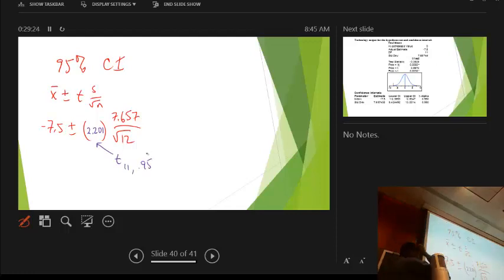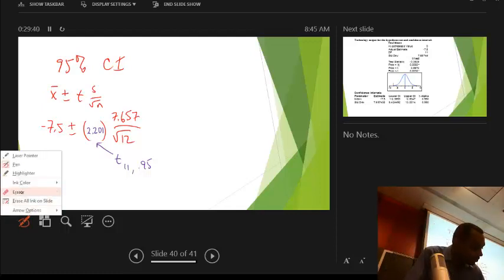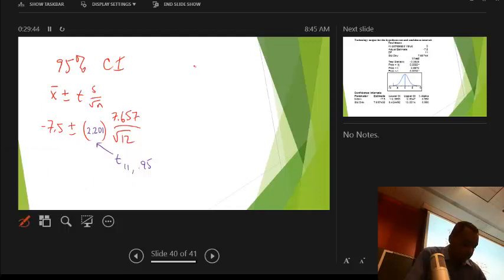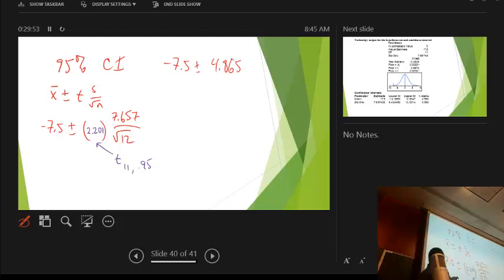So when you say, hey, how did you get the 2.201? I went down to 11 and across to 0.95 or 95%. Okay, so this margin of error, when you do the math, turns out to be 4.865.